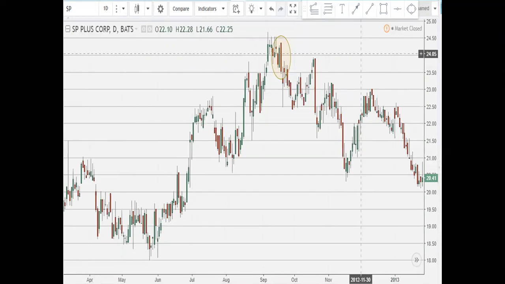Now, we don't want to just jump in. Right? It depends, of course, on your risk appetite and how you define your trade setups. Sure, you can place, in this case, a sell stop a couple pips below the low. That's one way.